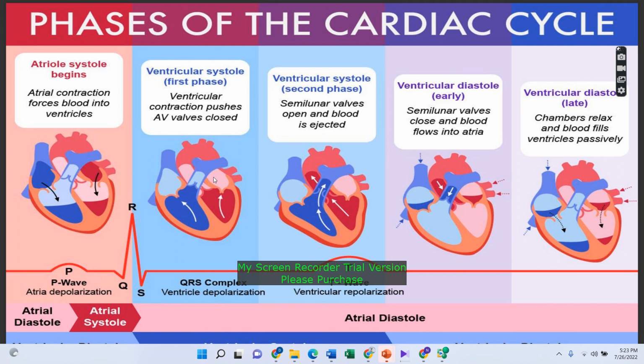So here ventricular contraction pushes AV valves closed. Then the semilunar valves open, and this will eject blood. So that is the ejection phase, right?